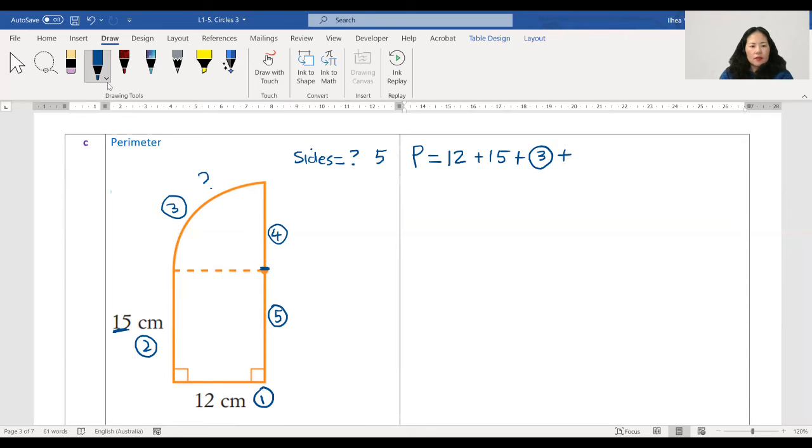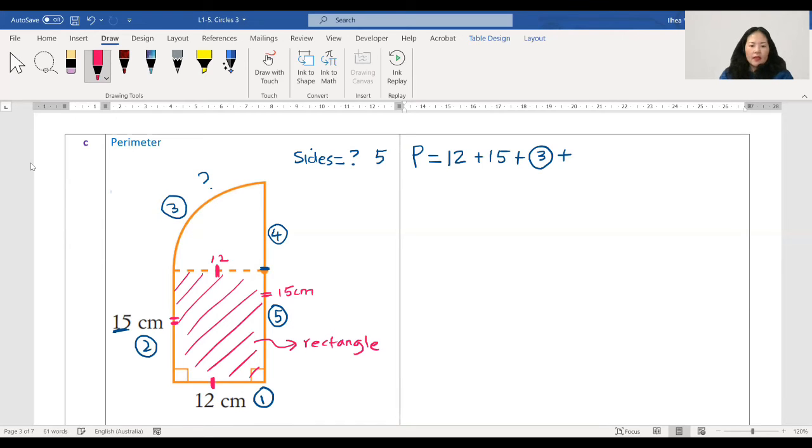Let's have a look. So, what is this shape? This is a rectangle. That means two sets of sides are the same. So, first 12, and it's here 12. And the second one is 15 here and 15 here.